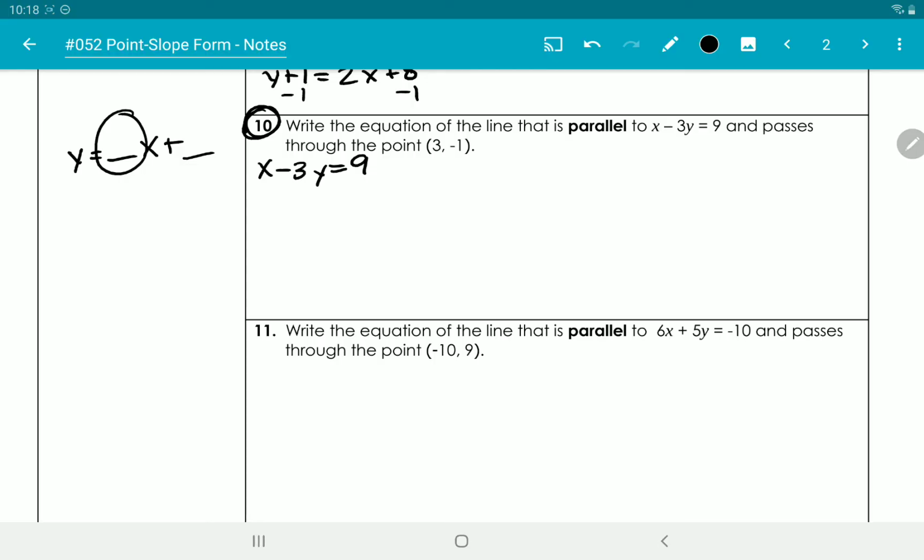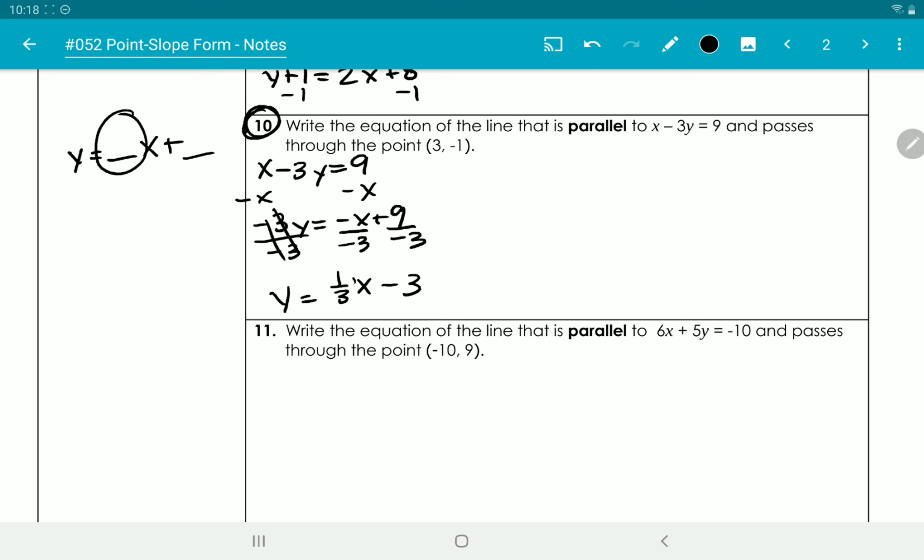We can't do it until we have it in this form. So we're going to subtract the x to the other side: negative 3y equals negative x plus 9. Then we'll divide everything by negative 3, which gives us y is equal to 1/3 x minus 3.